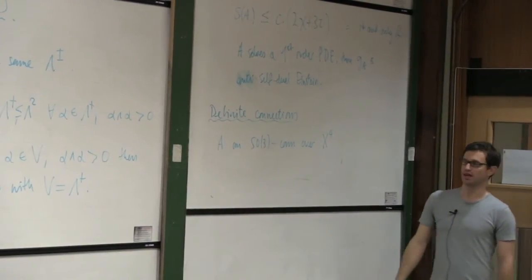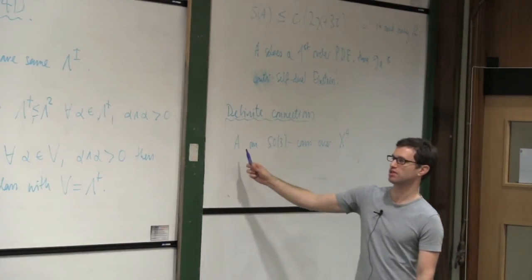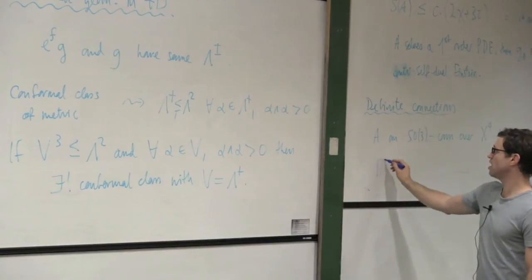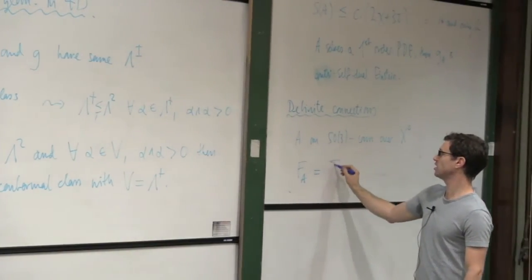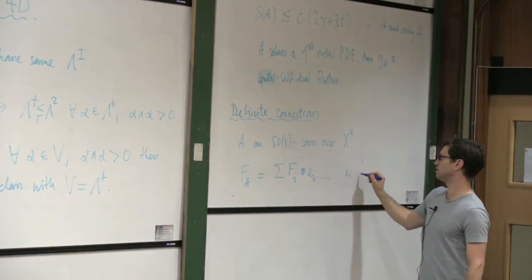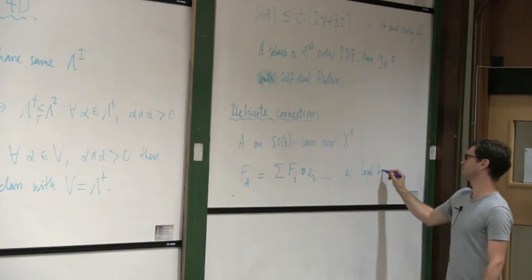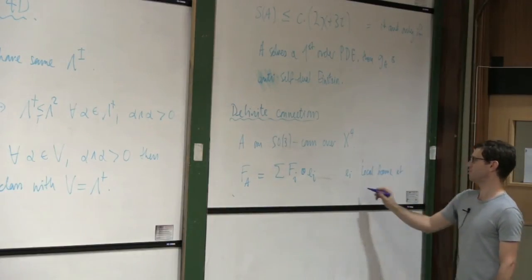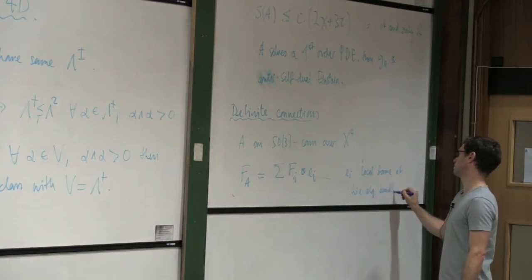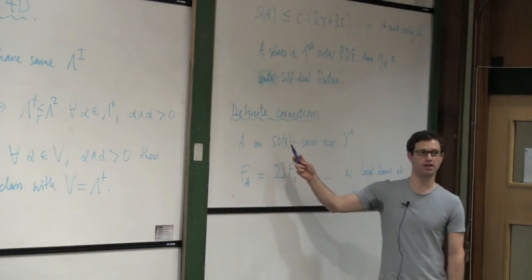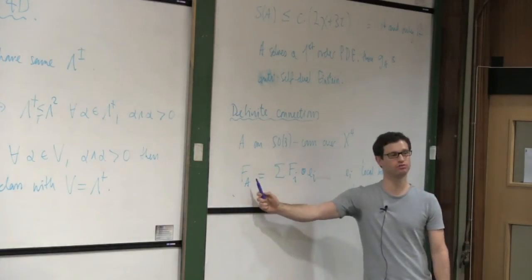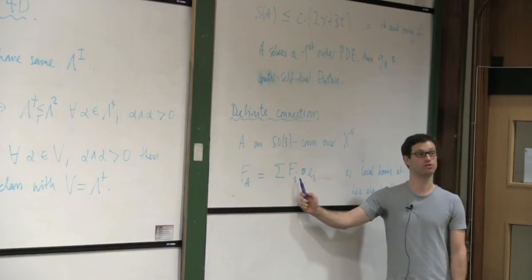Now I'm going to try and produce out of this SO3 connection a rank 3 bundle that looks like this. I'm going to look at the curvature of A, and I can locally write it as a triple of 2 forms. This e_i is a local frame of the Lie algebra bundle. Little so3 has rank 3, so I choose some local frame for this bundle of Lie algebras. The curvature is a 2 form with values in the Lie algebra, so I get 3 2 forms.